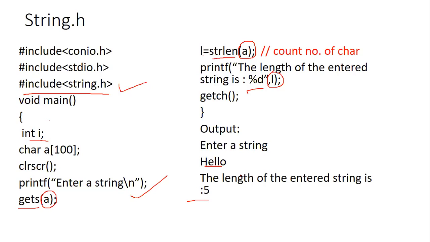Here, the null character gets inserted automatically, but with the help of the length function, that null character will not be counted in the string and only the characters which were inserted will be counted. So in this way, the strlen function works.